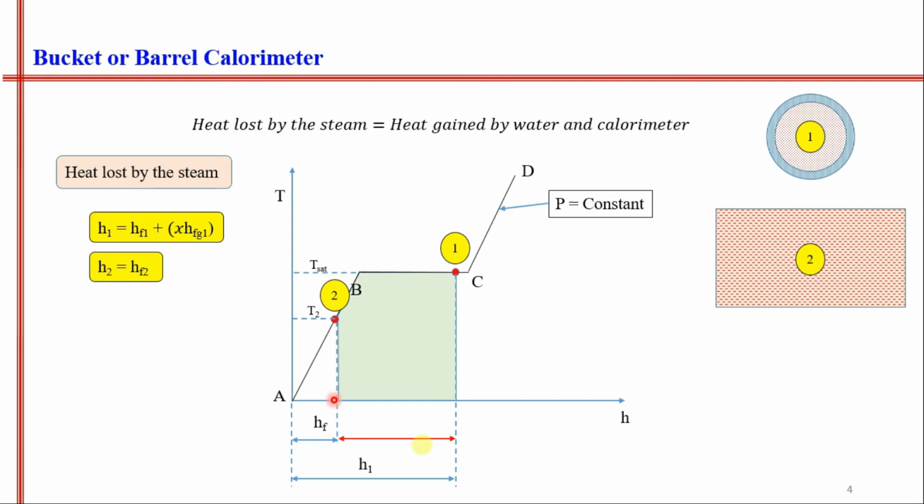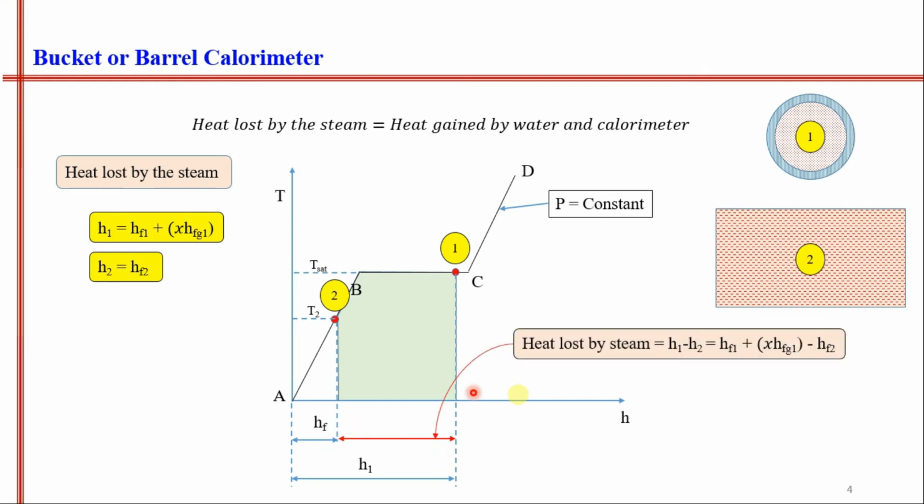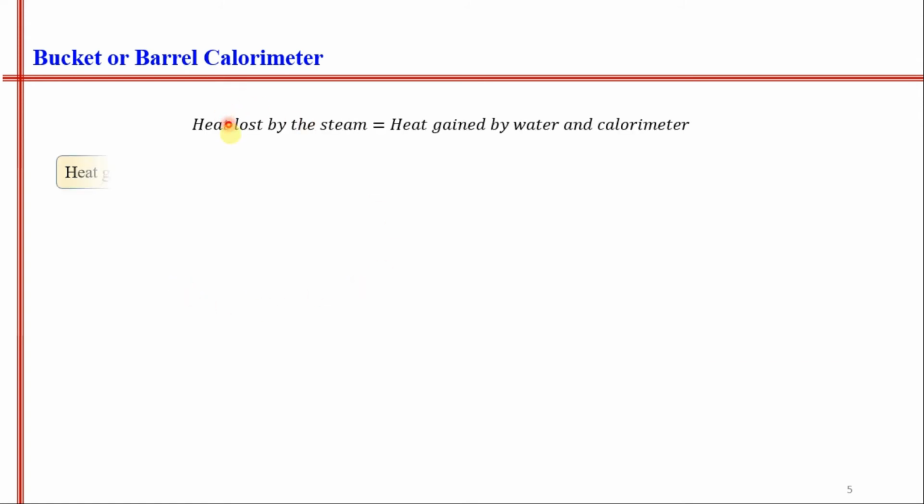So this much heat is lost by steam. Heat lost by steam is H1 minus H2, which is equal to HF1 plus X HFG1 minus HF2. Now heat gained by water is equal to m Cp delta T: mass of water into specific heat of water into T2 minus T1, the temperature of water after the experiment minus the temperature before the experiment.